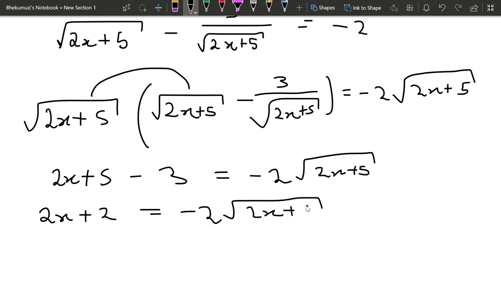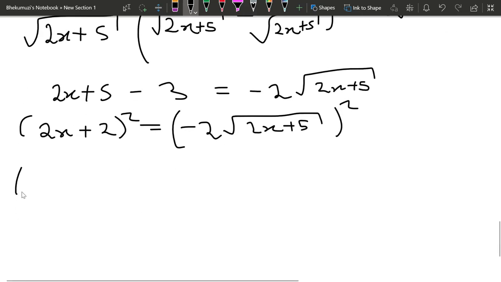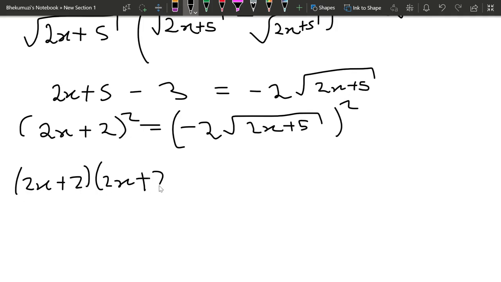So let's try and get rid of the square root. If we have to get rid of the square root in this case, then we would square both sides. But then this square here just means it's 2x plus 2 times 2x plus 2, right? And here would be 4 times 2x plus 5, right?